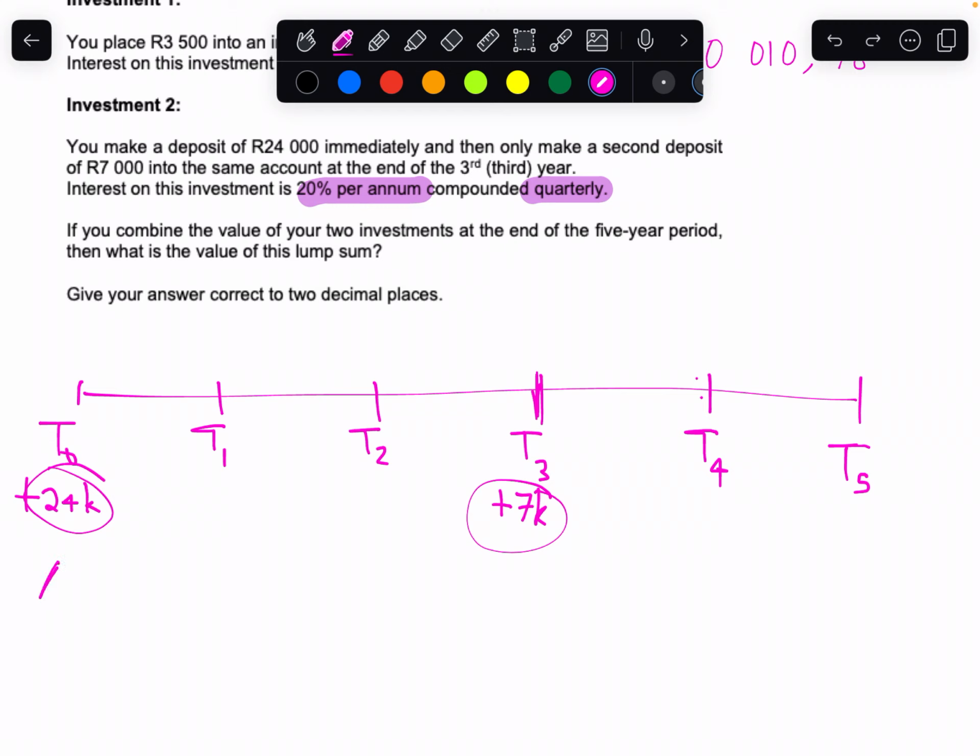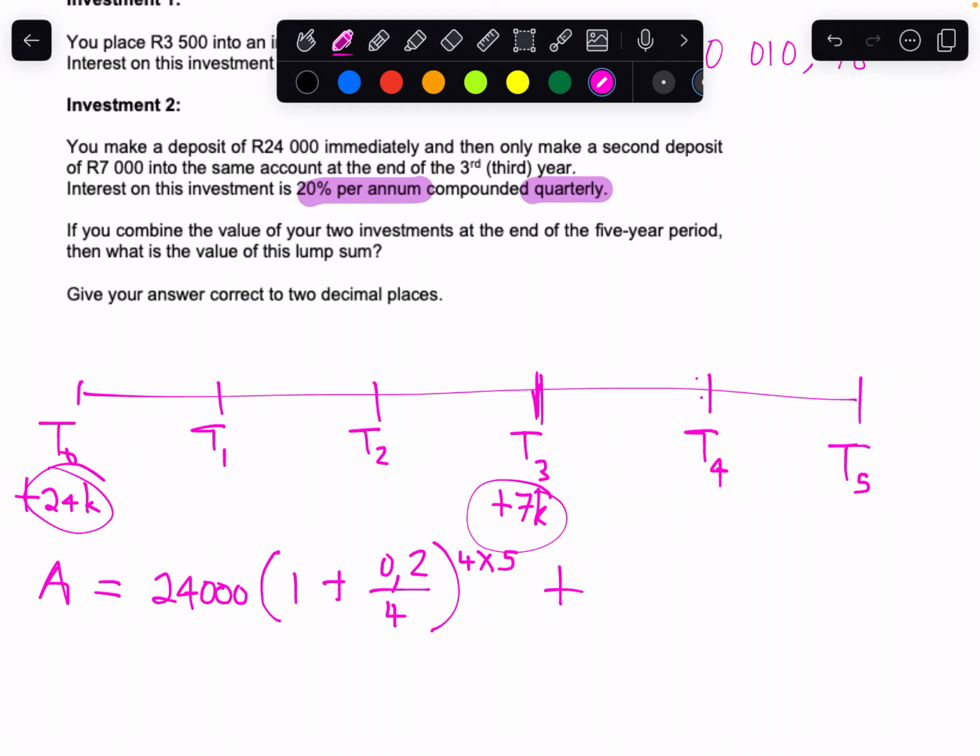So the 24,000 Rand is going to get to grow at 0.2 divided by 4 quarters in a year, for the full 5 years. So that's going to be 20 quarters.